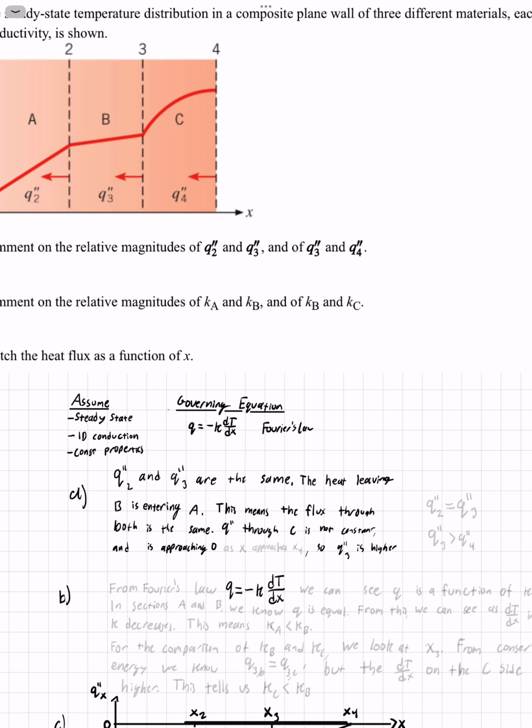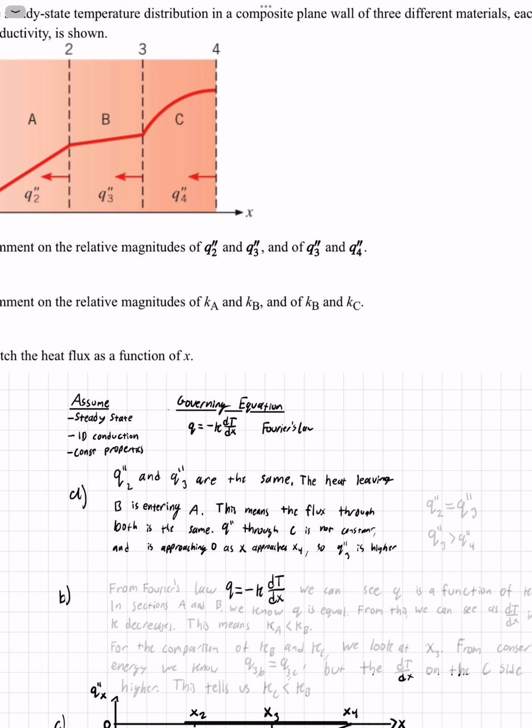So there is not a constant flux through the entirety of C. By looking at the parabolic curve in section C, we can see that as x increases, dT/dx decreases. That means that as we move further in the x direction, the heat flux will decrease. Because of this, we can say that q3 is relatively larger than q4.